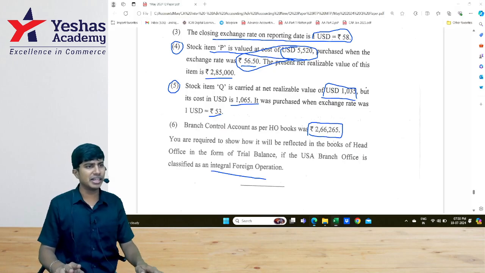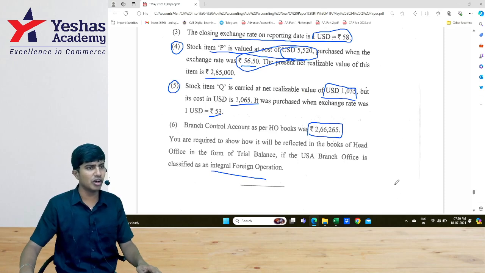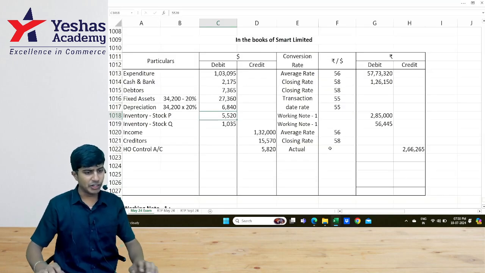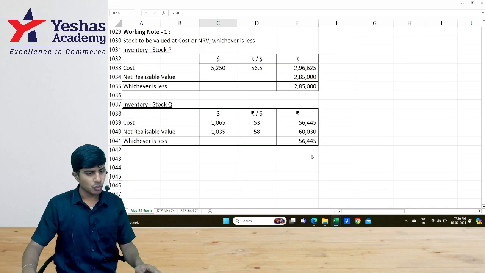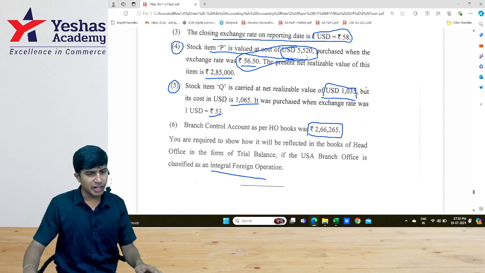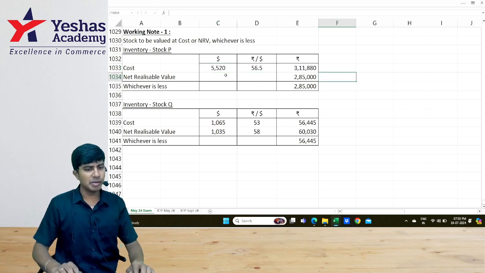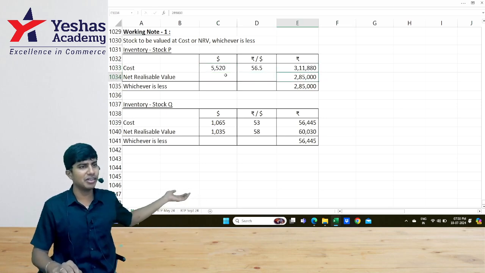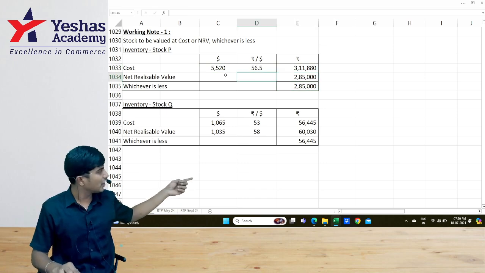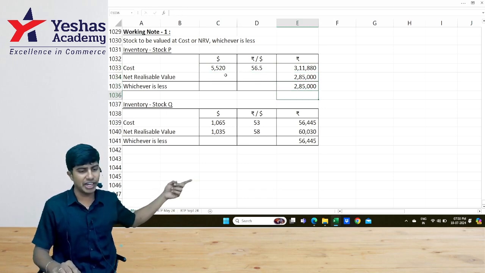That is what is given in the trial balance. I've written the same thing. That is only for disclosure. Should we take 5250? It is 5520. Then it becomes 3,11,880. Sorry, it is 5520, which comes to 3,11,880.